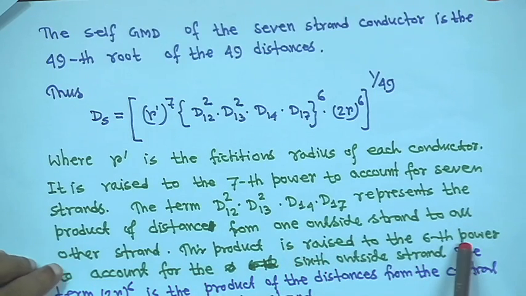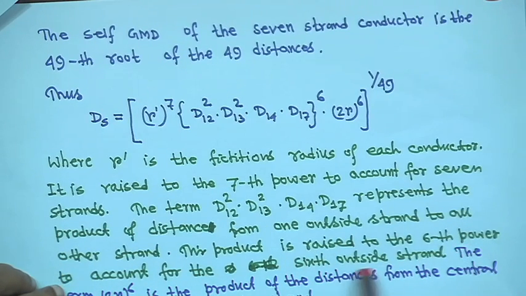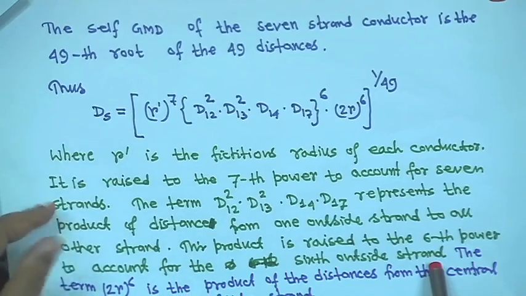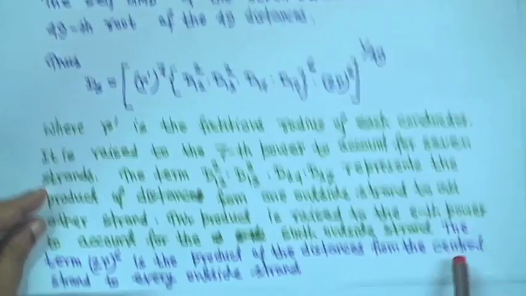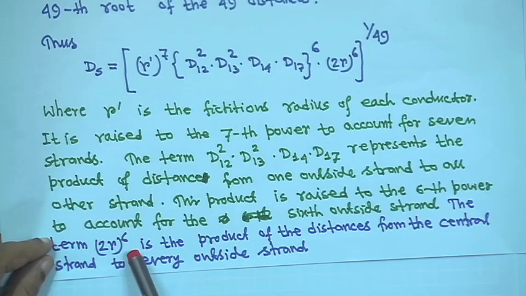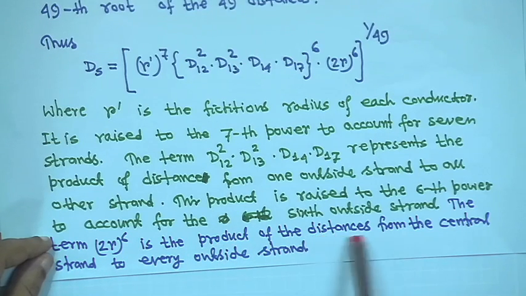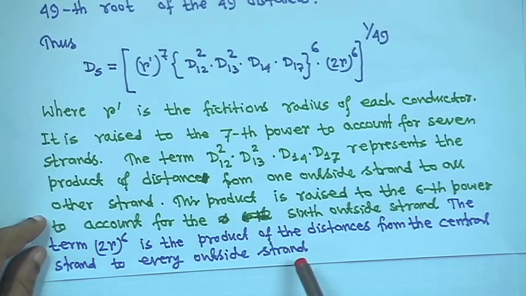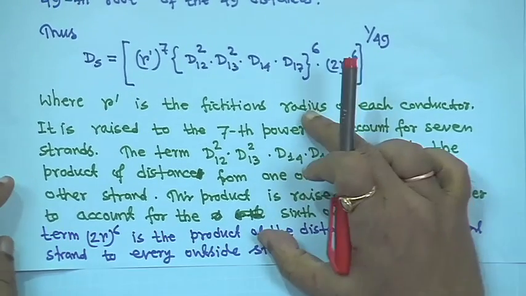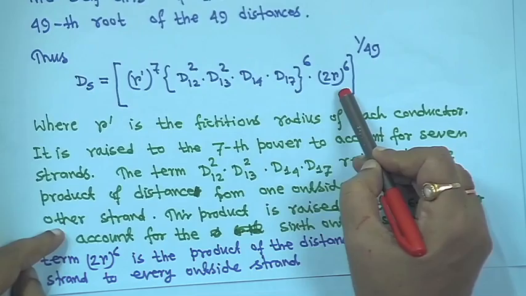This product is raised to 6th power to account for the 6 outside strands. This one also I explained, how I took it. Then the term 2r to the power 6, from the central strand, I told you 6 times it will come, is the product of the distances from the central strand to every outside strand. This write-up I have given and I have explained also how to get it, right.